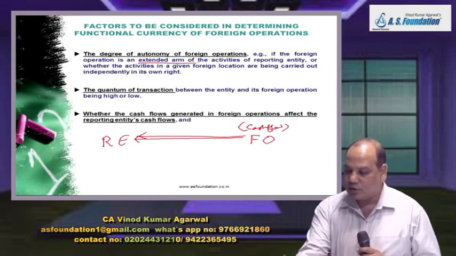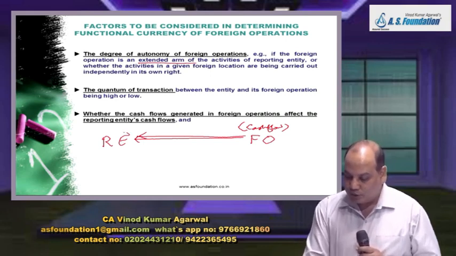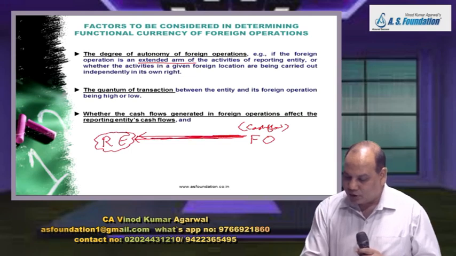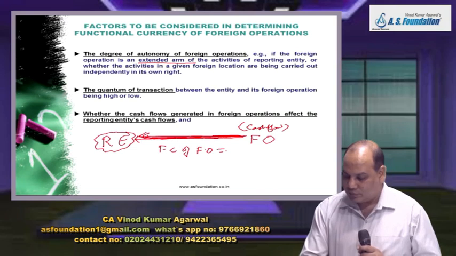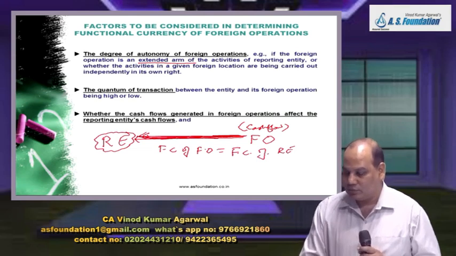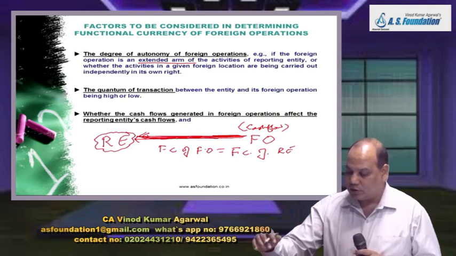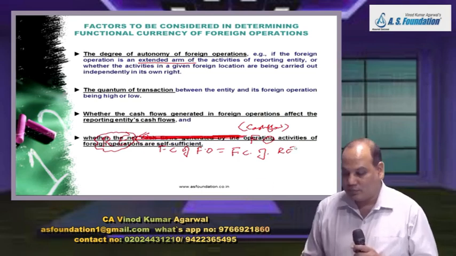Again, it is more like an extended arm. So if the reporting entity's cash flows are affected by the cash flow generated by the foreign operation, then it is a case of functional currency of foreign operation equal to functional currency of reporting entity. In other cases, the functional currency can be different.